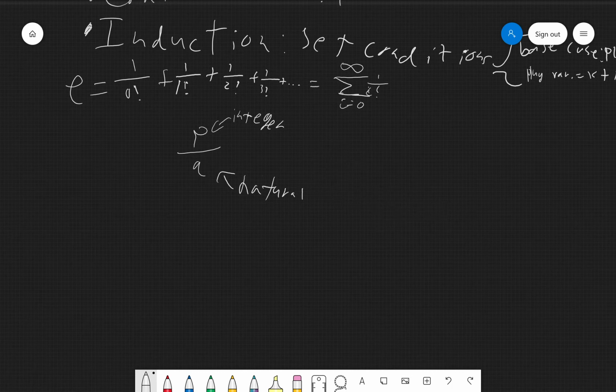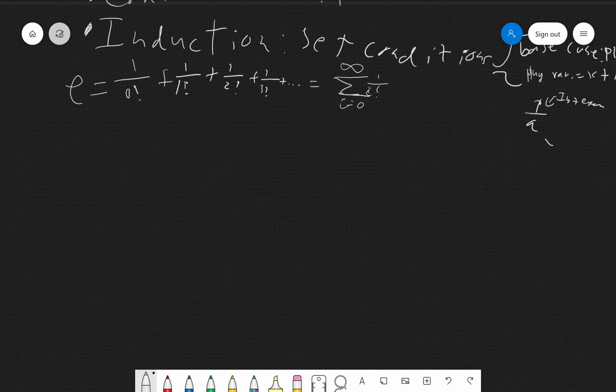An irrational number is something that cannot be written like this. So just remember that: p over q, where p is an integer and q is natural.